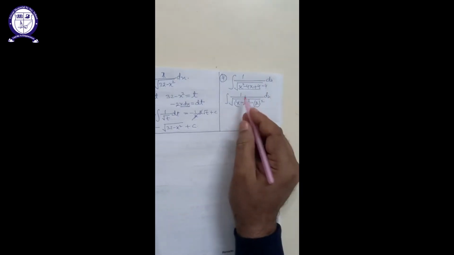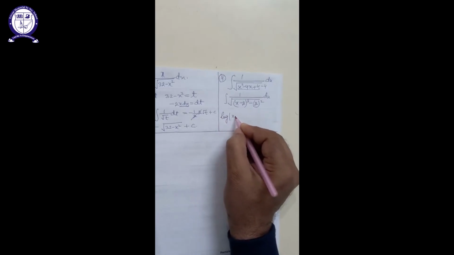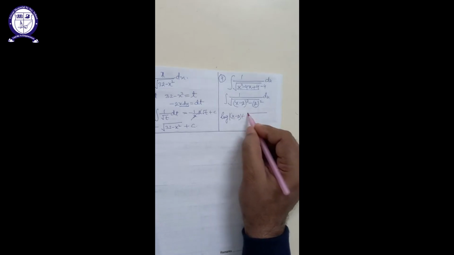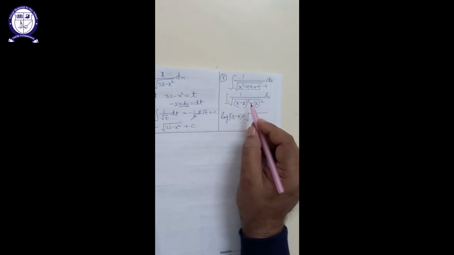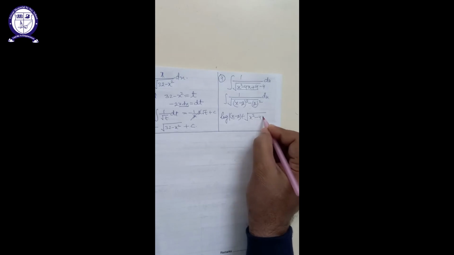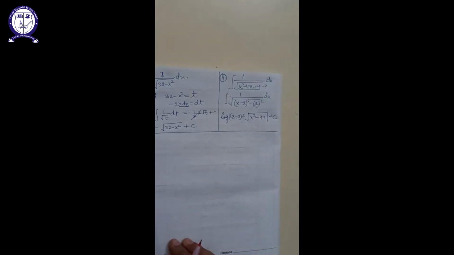Now apply the formula 1 upon root x square minus a square, which you know is log of x minus 2 plus this root as it is. When you simplify this, the answer is log of x minus 2 plus root x square minus 4x, plus c. Correct?